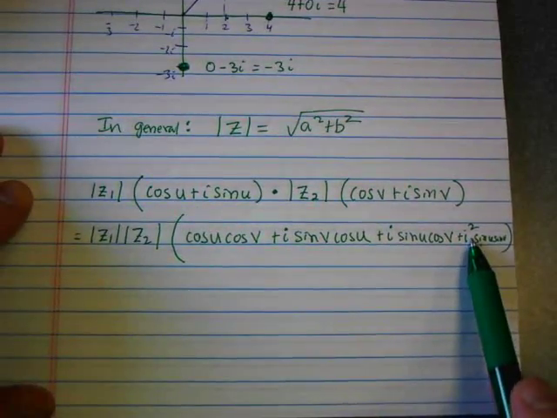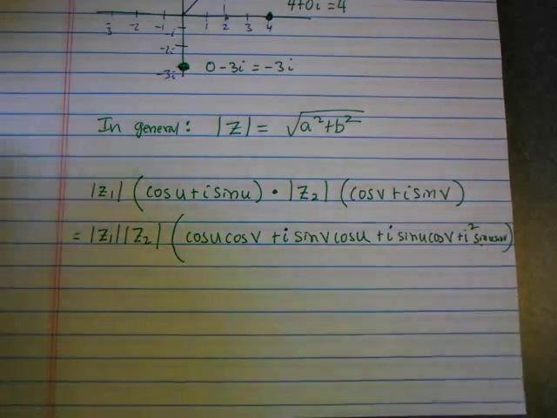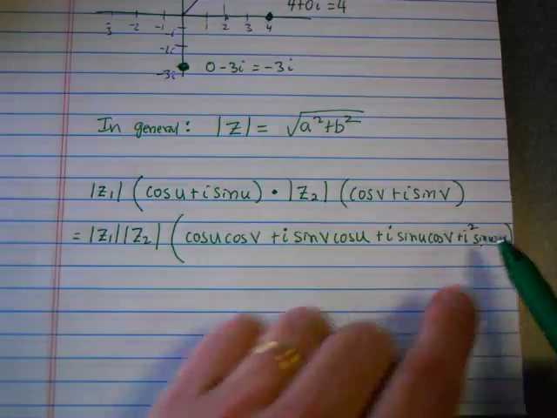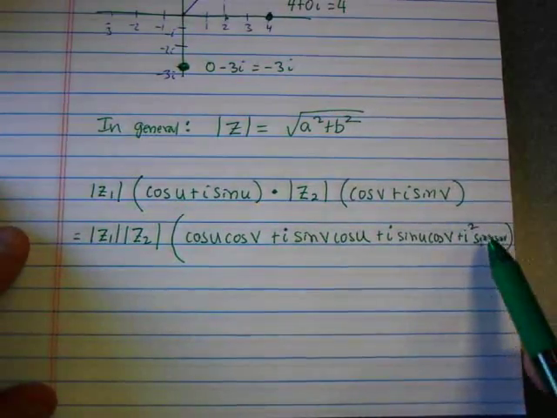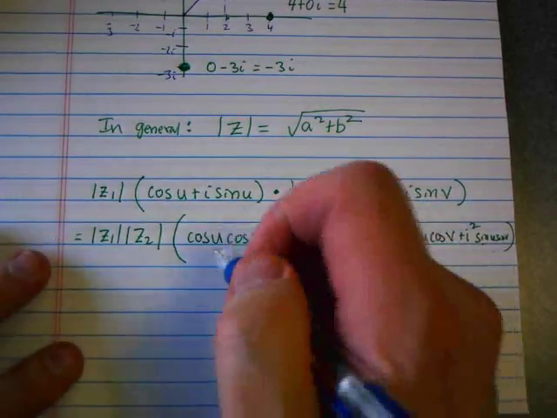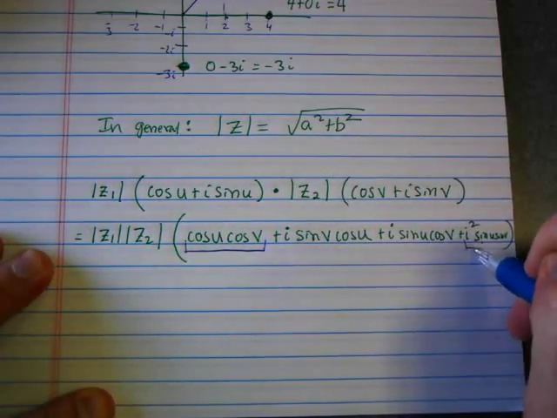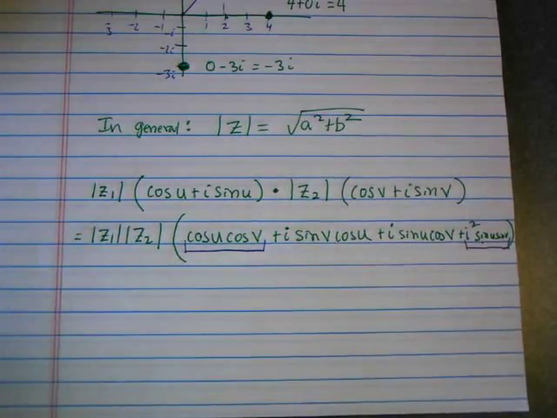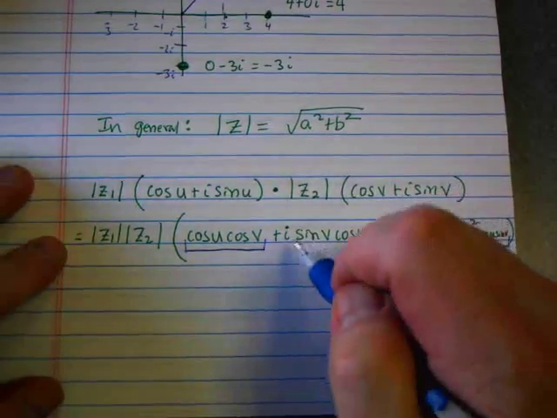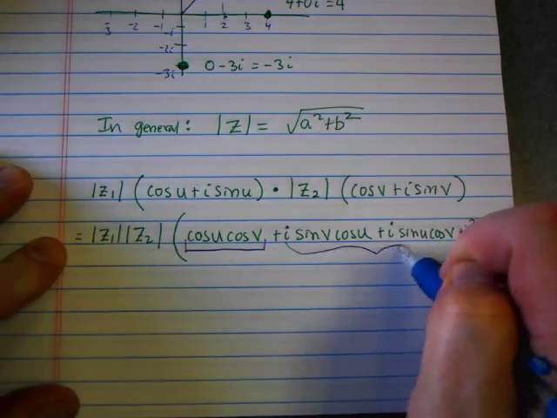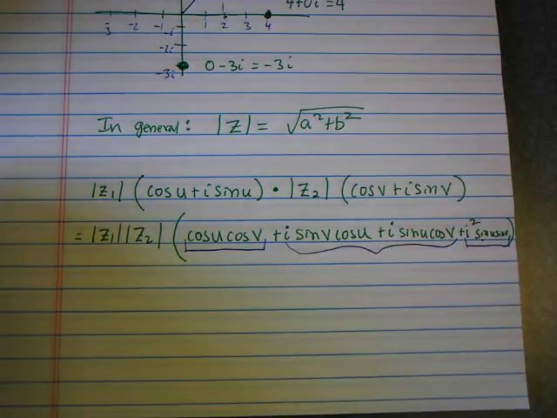What's i squared? i squared isn't 1. i squared is negative 1. Okay? So, if I replace this by a negative 1, this one doesn't have any more i's in it. So I'm going to put this one next to that one, because those are not going to have any i's in them. And then these two both have an i, and I'm going to factor that i out.